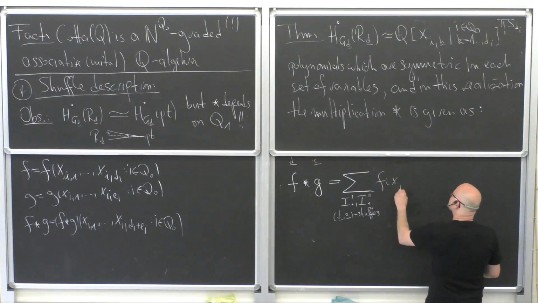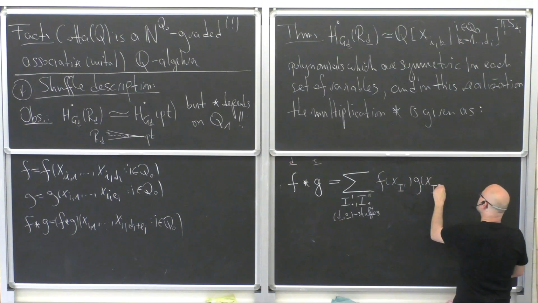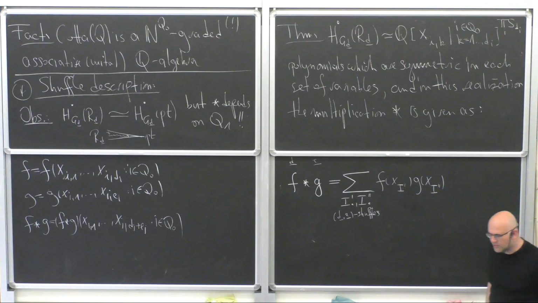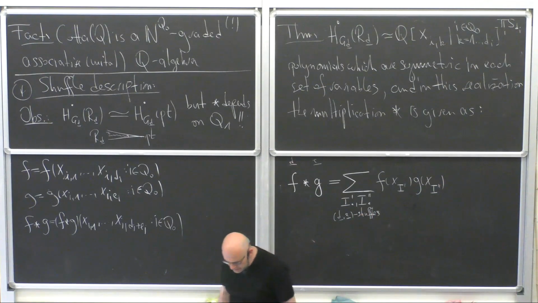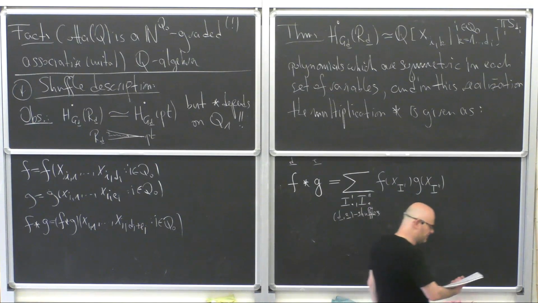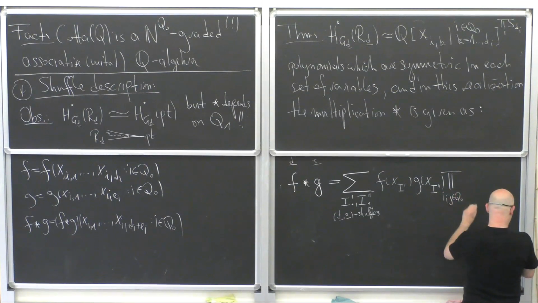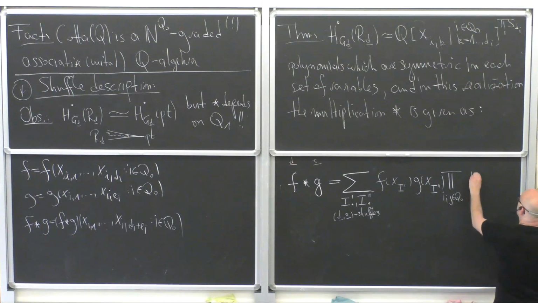F of xi', g of xi'', that's the so-called shuffle product. And now we have a kernel, like an integration kernel for the shuffle. And this is the product over all pairs of vertices, product over all k in I', l in I''.